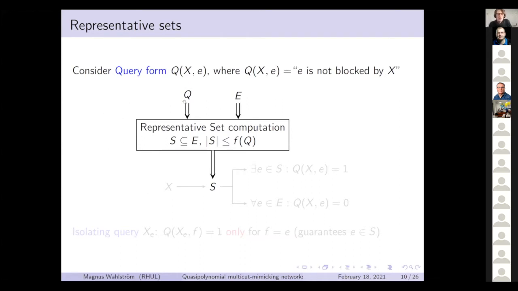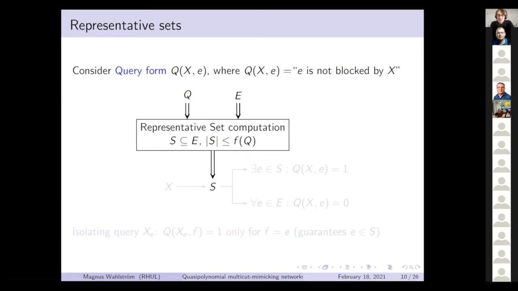If you have your query Q and the ground set, basically the set of edges of the graph, there's a polynomial time procedure which returns a subset of the edges, with size a function of Q alone. Ideally we would like f of Q to be polynomial, but in this work we can't quite achieve that.